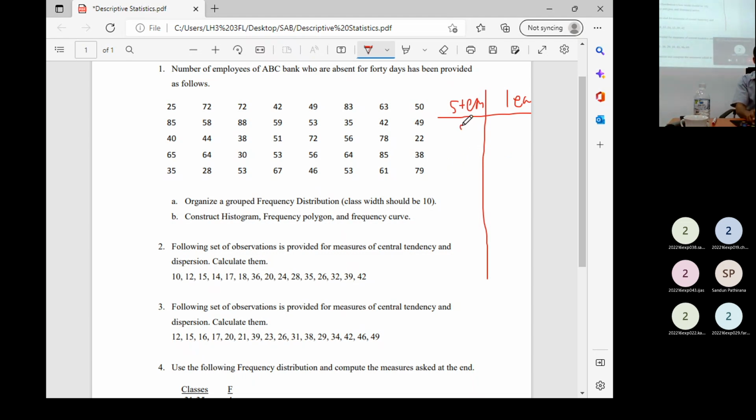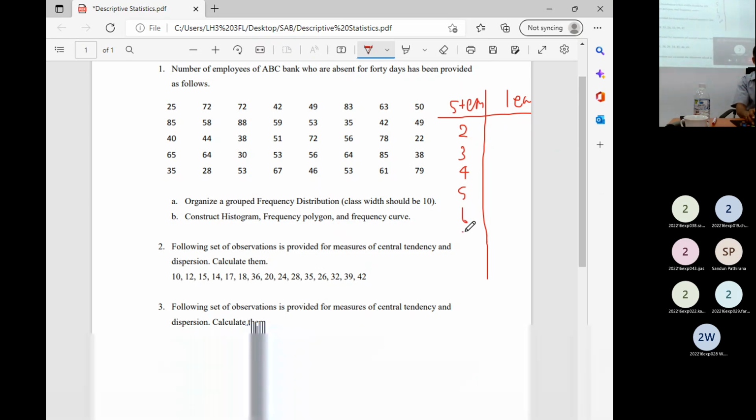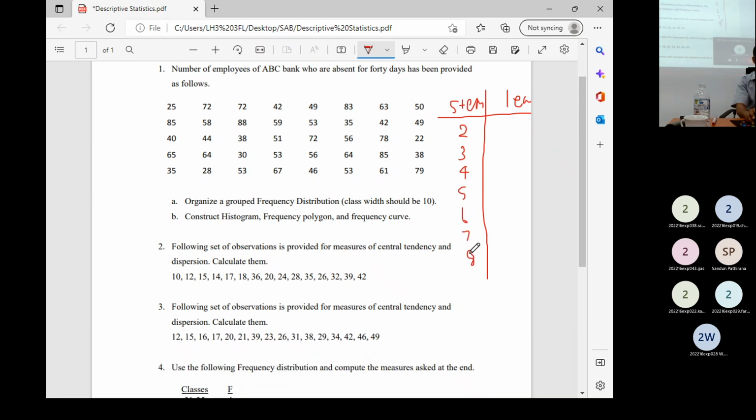Now I start from 2: in this column write 20s, then 30s, 40s, 50s, 60s, 70s, 80s. I need to organize up to the 80s because 88 is the maximum.